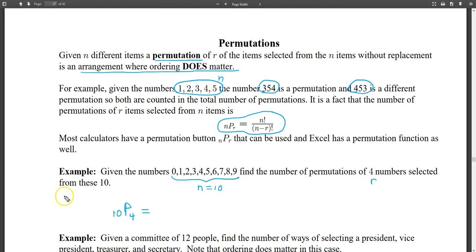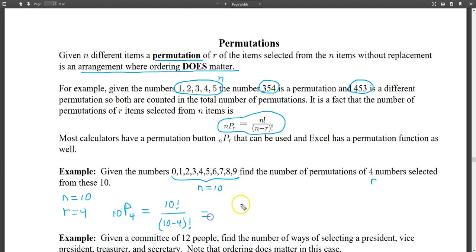Let's write that down here. N is 10 and the r is 4. And so this is simply going to be, using this formula up here, 10 factorial divided by 10 minus 4 factorial.